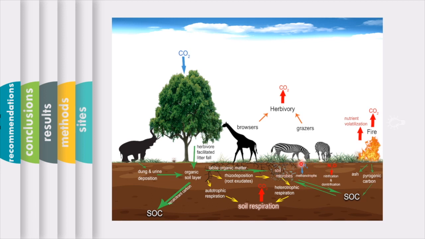As well, in terms of methane, when fire burns, you get death of methanotrophs or methanotrophic bacteria, resulting in less conversion or less uptake of methane into the soil, thereby increasing your methane emissions.